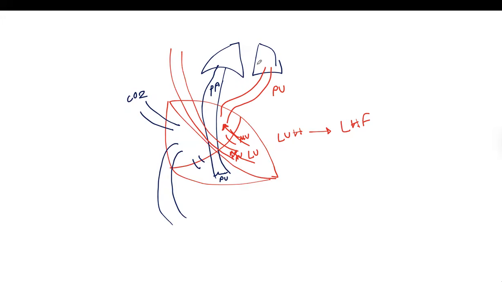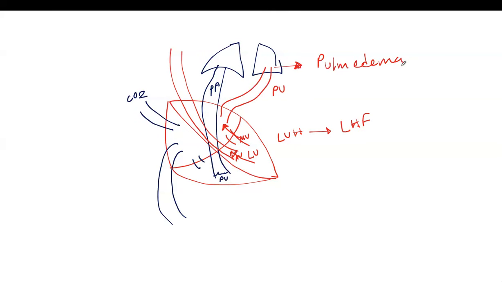Then this fluid or blood will now stay in the lung because there is lots of blood in here. The lung will not be able to send more blood in here, so it will start to accumulate fluid in the lungs. When the lung starts to accumulate fluid, what do we call it? We call it pulmonary edema. And that is the commonest presentation for a heart failure patient.